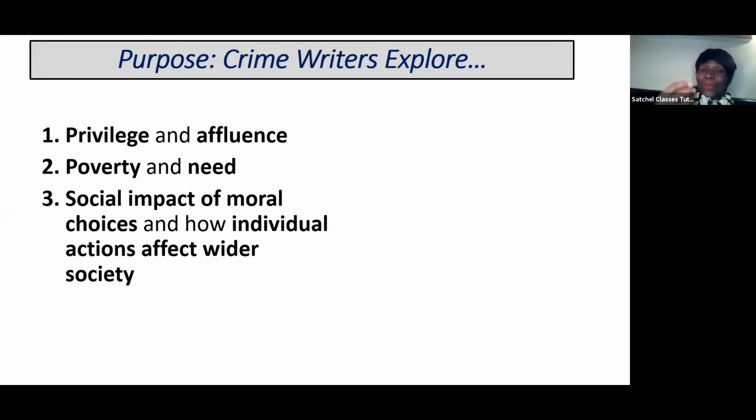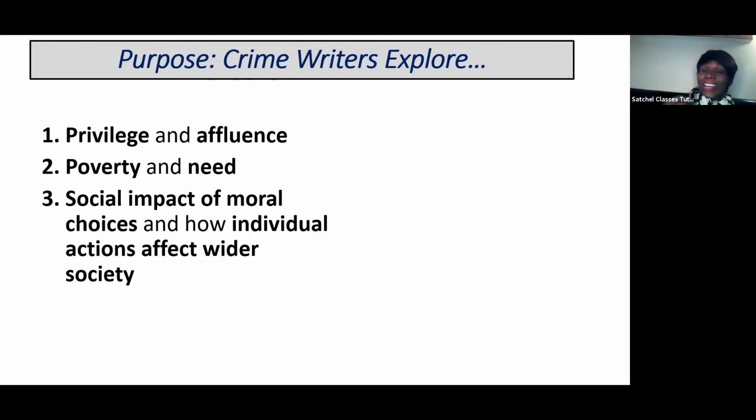And the other reason why Dickens uses an allegory, a story with a moral message often based around an antagonist that is unpleasant or unpopular, making the wrong decisions, is to really look at the impact of society, of moral choices.